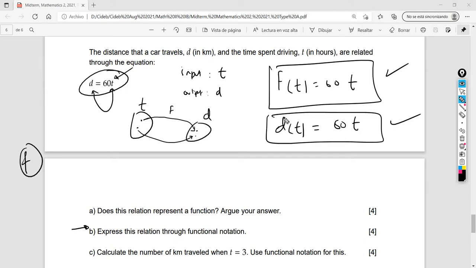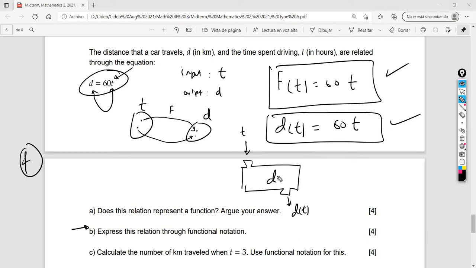Then it could be a very good idea to call it d. Because if you think of this as a machine, and we call it function d for distance, then you put any time, and the function distance will give you the distance for that specific time.